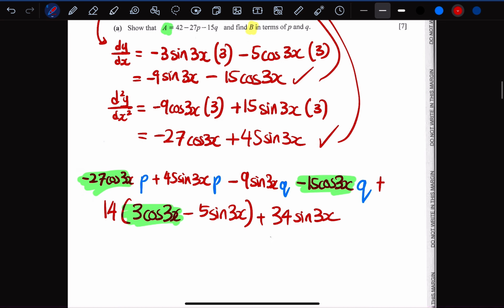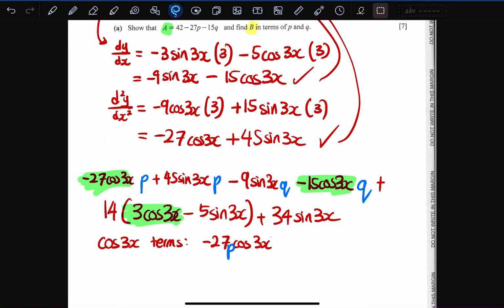So for all our cosine 3x terms, we can just write it to be this. Minus 27 cosine 3x times p, in which I'm going to write the p in front this time, and our cosine 3x to be at the back. Similarly, we're going to add our 15 cosine 3x.